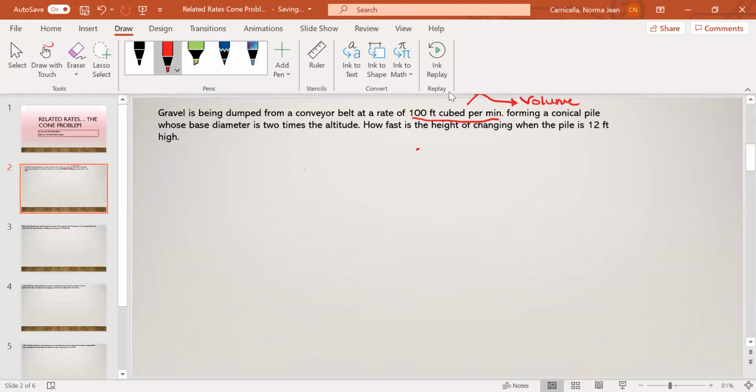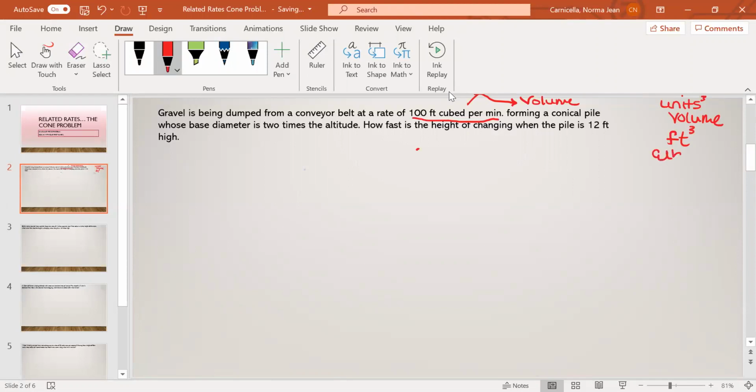Well, because if you have any units to the third power, that means volume. And you should always be thinking, if you have units to the second power, you should be thinking area. And if you just have units, you should be thinking either perimeter or circumference. So here it says feet cubed.